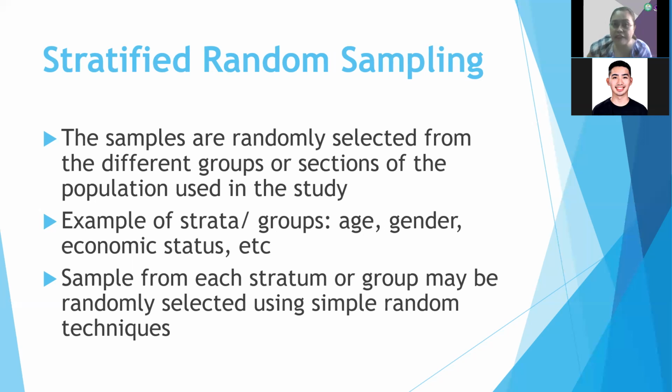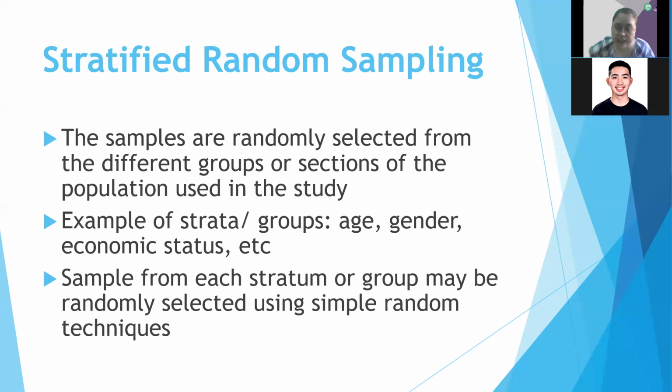That's stratified random sampling. Pwede ding economic status. So yung mga low income na class, middle income, or yung mga rich, very rich, isang grupo sila. Okay, again, i-grupo muna before we will randomly select samples from each group.